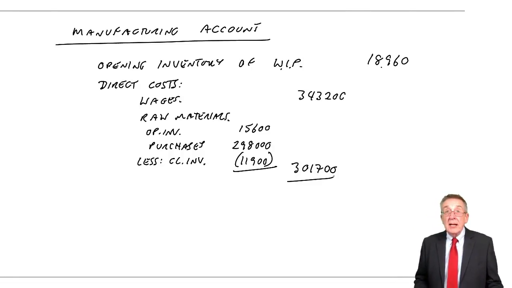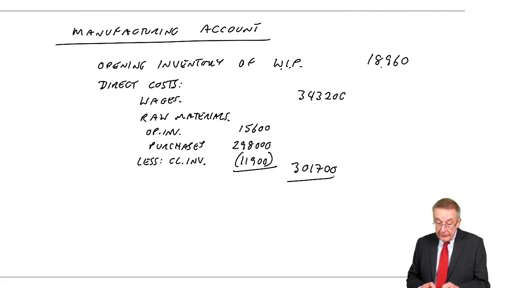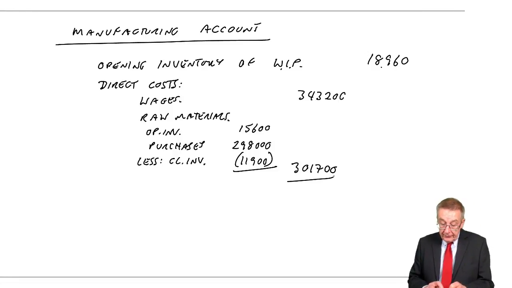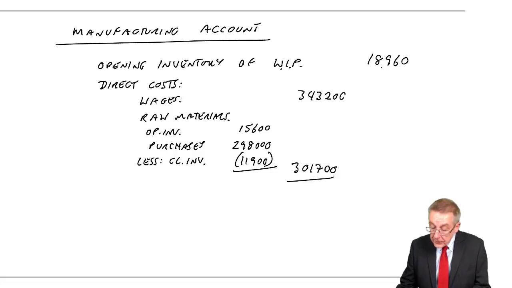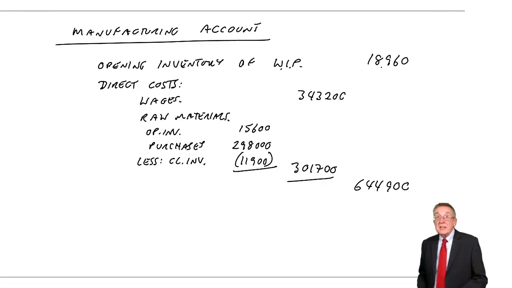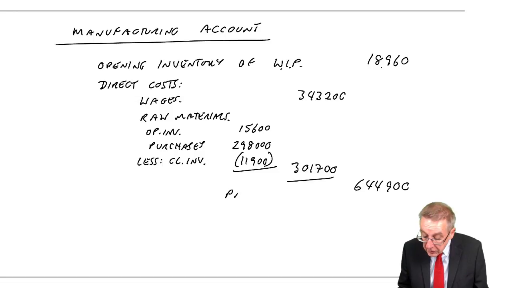And the total of the two, incidentally, I'm less concerned about the terminology, but the total of the two: 343,200 plus 301,700. Oh dear, sorry. 343,200 plus 301,700. The total of the two so far, I get 644,900. I'm less concerned about the terminology, but the total of the direct costs is also called the prime cost.